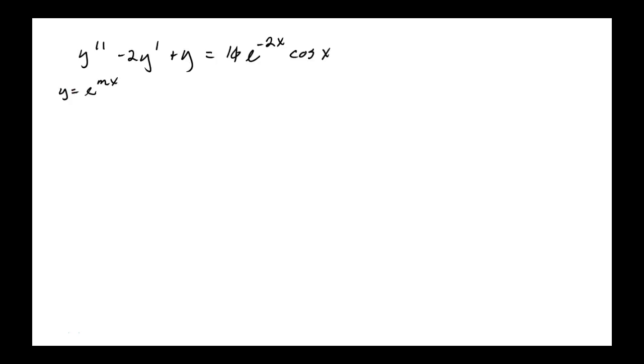The first thing you do on the left in the complementary solution is m squared minus 2m plus 1. Set that equal to 0. Well, that's obviously going to be (m minus 1) squared equal to 0. So basically, m equals 1 is a double root, multiplicity of 2.